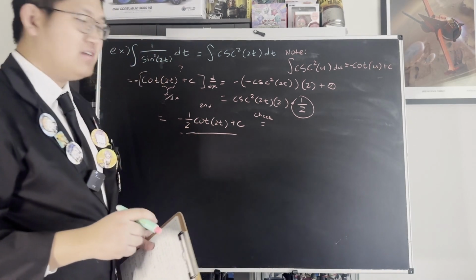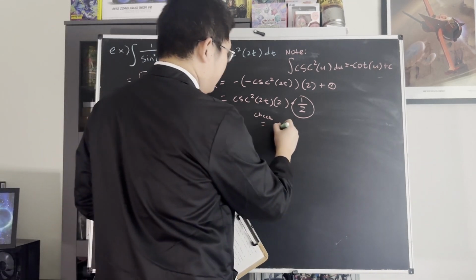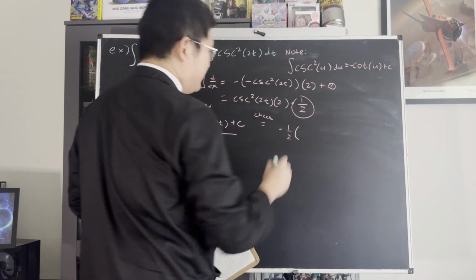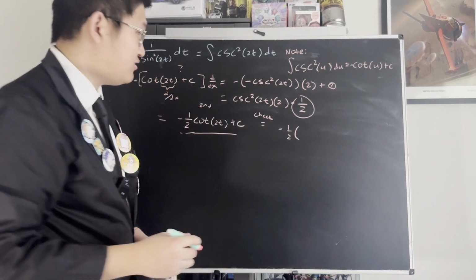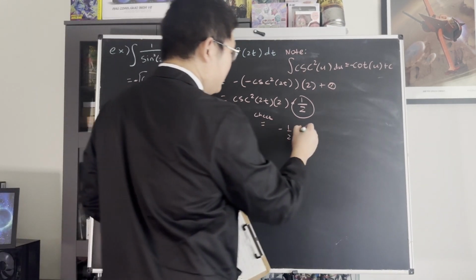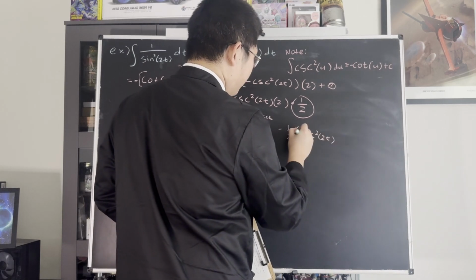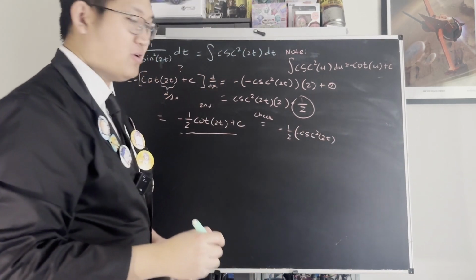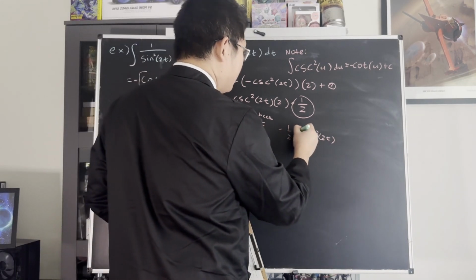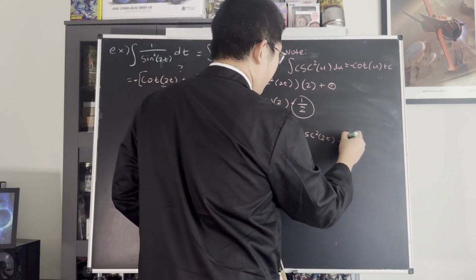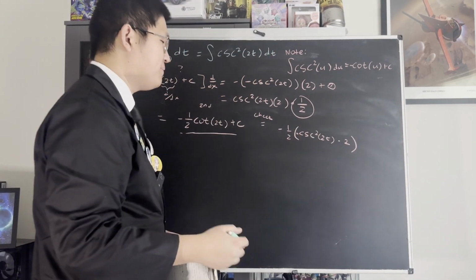So negative 1/2 cotangent, well, that's a negative 1/2 we can leave as a coefficient. The cotangent of 2t, thankfully, still becomes cosecant squared of 2t. Then we have to slap on the negative as part of the derivative rule. And lastly, we need to multiply by a positive 2 from the chain rule.